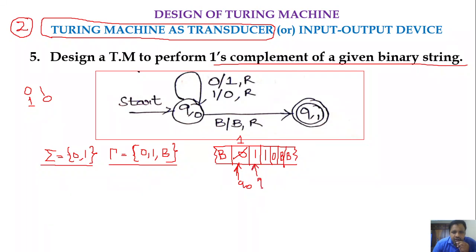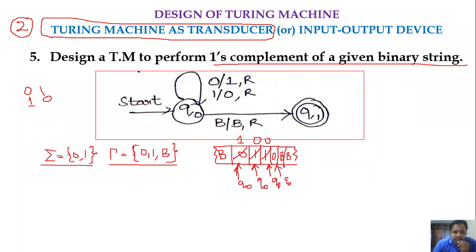Next, in Q naught, if we get 1, replace that 1 with 0 and move the head towards right. When we move towards right, it is pointing to 1. So in Q naught, if we get 1, replace that 1 with 0 and move the head towards right. It is now pointing to 0 and we are in state Q naught.